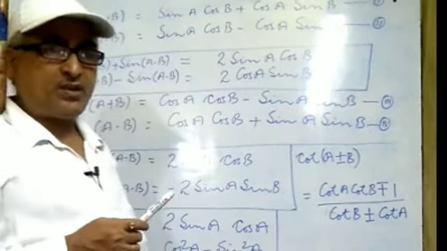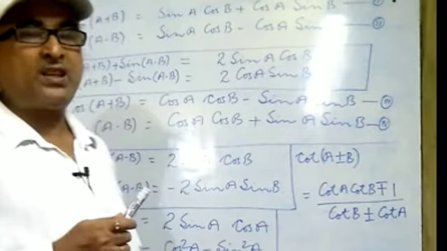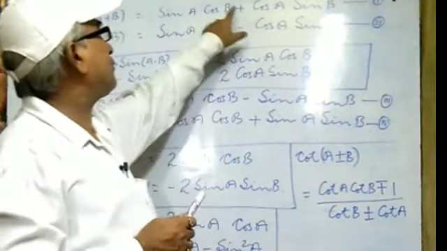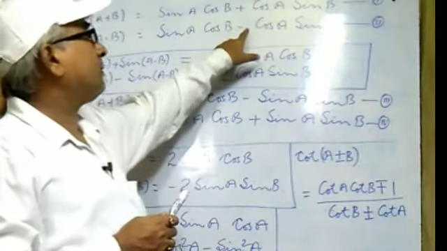You may observe, so what basic thing is to be kept in mind? If plus is there, we keep plus here. If minus is there, it will be minus here.